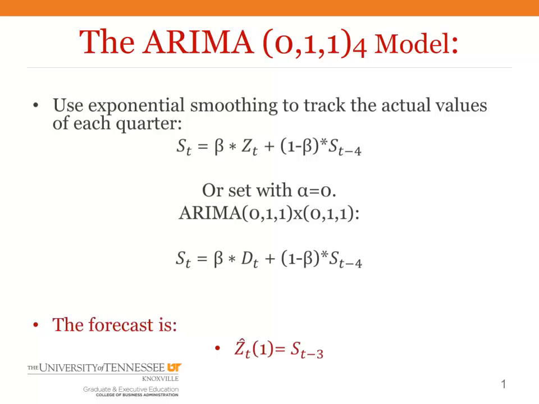And what we just saw, if we take our spreadsheet and we set alpha equal to 0 and set the level equal to 0, you get the same result automatically, except you're smoothing the column that we call D sub t, but now D sub t really just contains the actual values. And then the forecast is just go back 3 periods and pick up that smooth value. In our spreadsheet, we add the level plus that smooth value from 3 periods ago, but now our level is 0, so we get the same result.